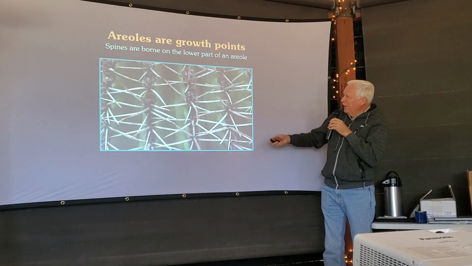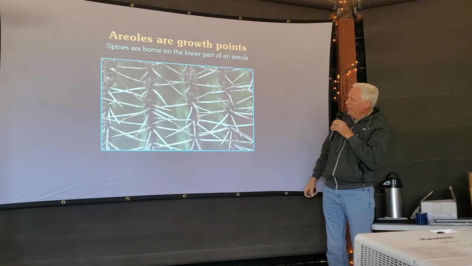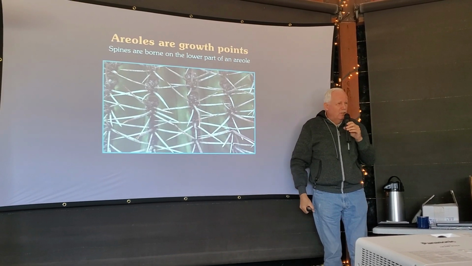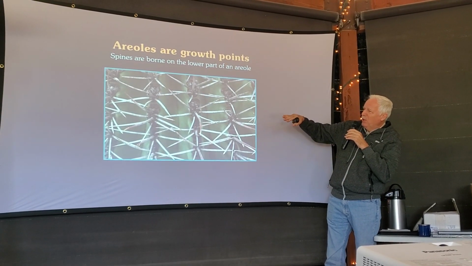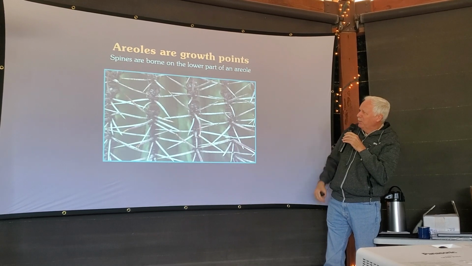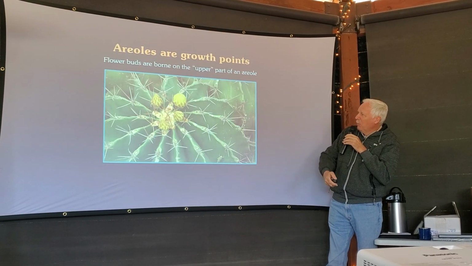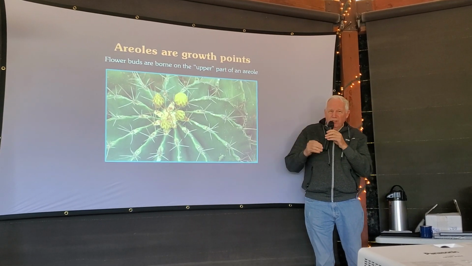And in the areole itself, the spines usually grow from the lower part of the areole. So the lower part is the part facing away from the top of the plant. And the flowers, they are born from the upper part of the areole.